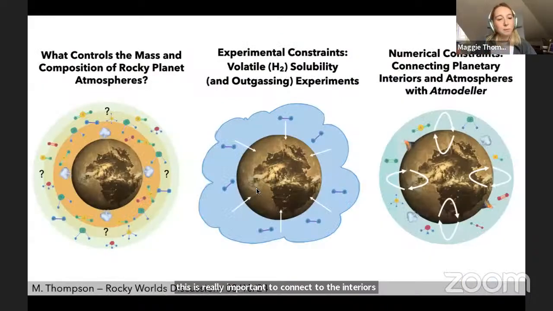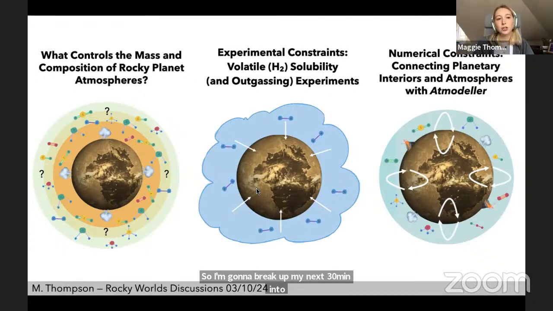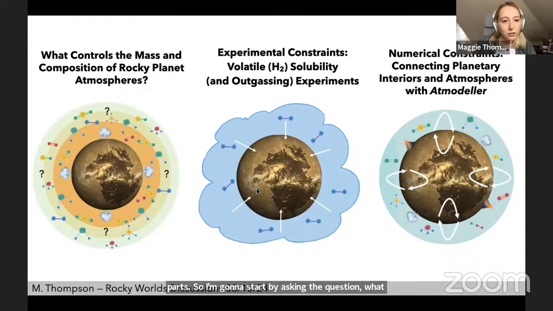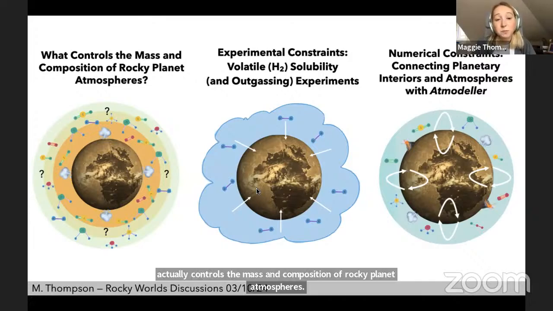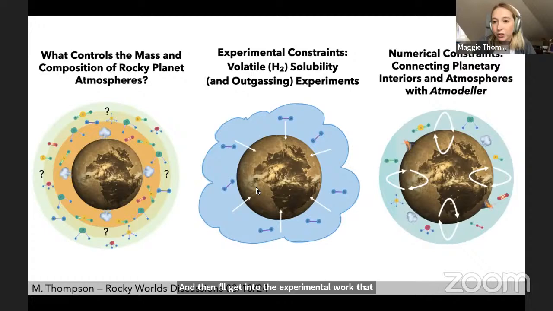So I'm going to break up my next 30-40 minutes into roughly 3 parts. I'm going to start by asking the question, what actually controls the mass and composition of rocky planet atmospheres? And then I'll get into the experimental work that I've been doing, which is mainly right now focused on hydrogen solubility, but I'll also touch on how we can apply this sort of method to other volatile species, and also doing additional experiments to look at outgassing speciation.